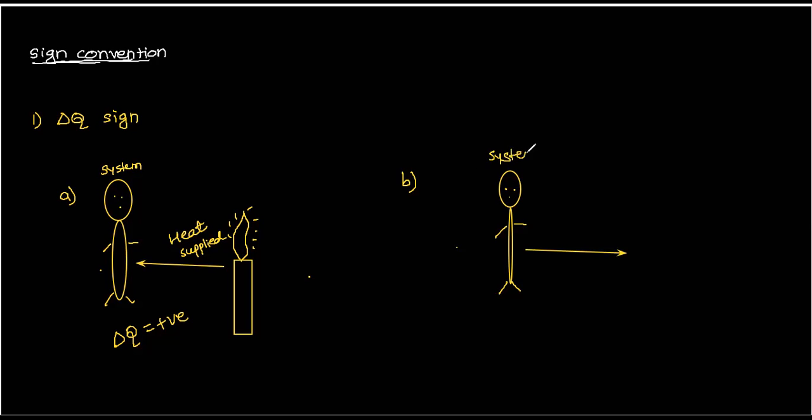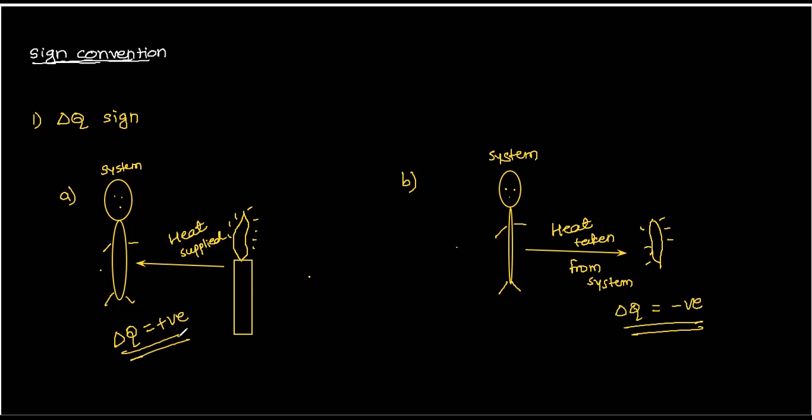This is a system and we have taken out the heat that was supplied, so I am drawing some heat diagram with an arrow. Heat taken from the system, then delta Q is negative. Understand?